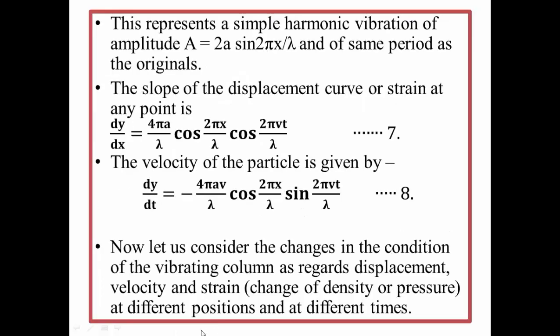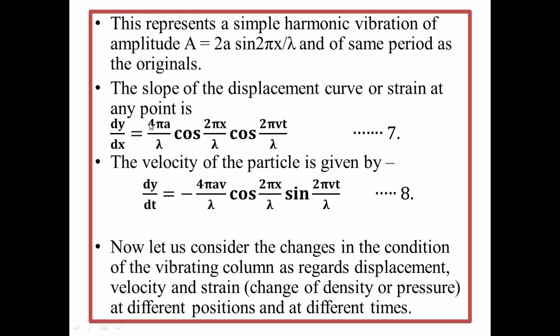So we get dy by dx is equal to 4 pi A by lambda into cos (twice pi x by lambda) into cos (twice pi Vt by lambda). This cosine term is the constant term. This is equation 7.